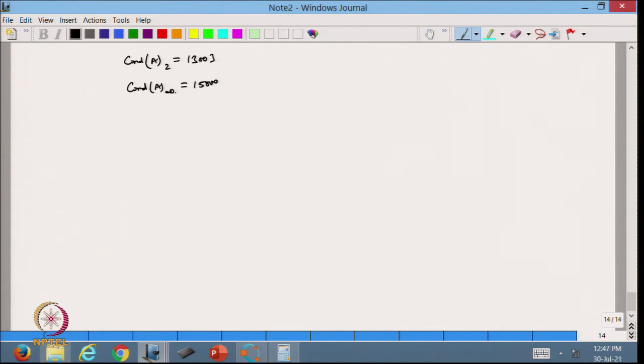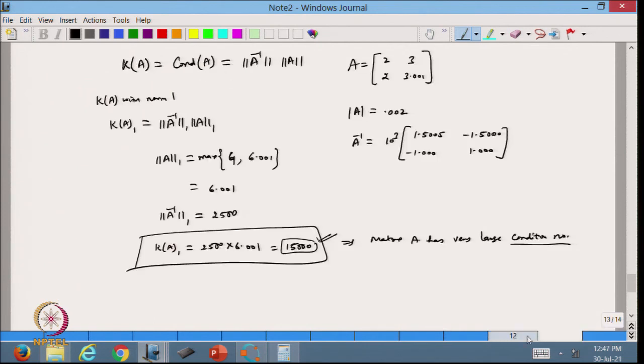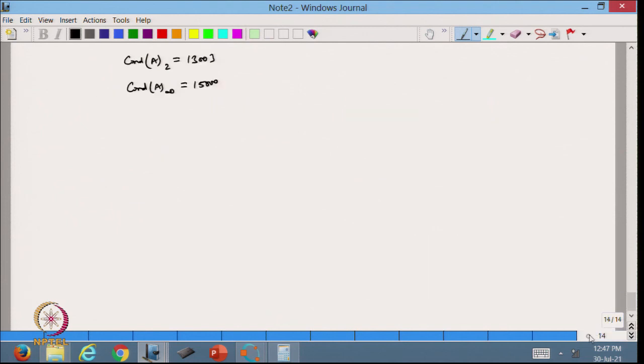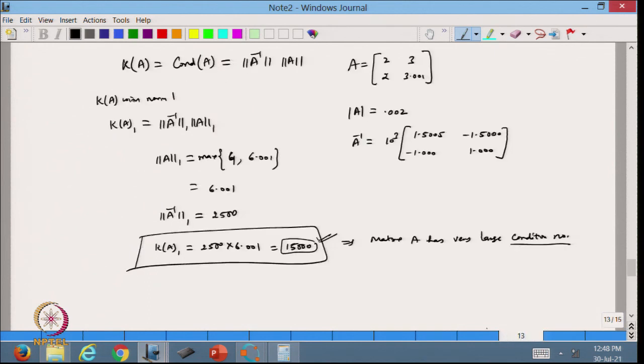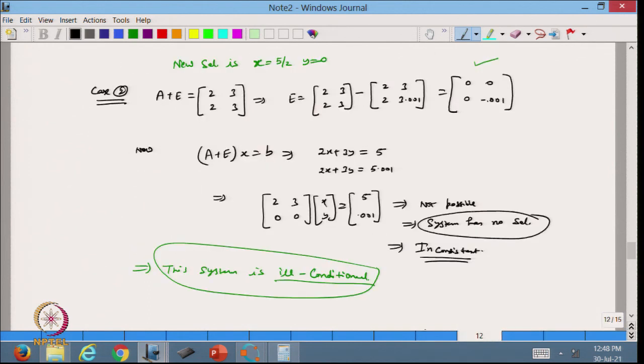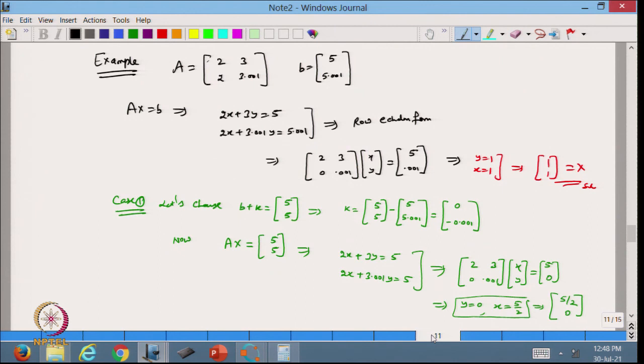So, because we know that all norms are equivalent, we have seen that the condition number of the matrix is very large, and therefore I can say that the given system, that is Ax equal to b, is very sensitive to change, and hence it is a very ill conditioned system.